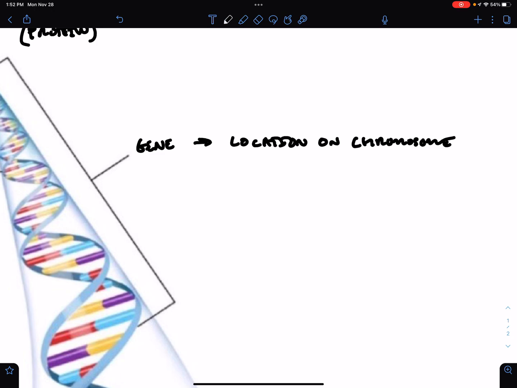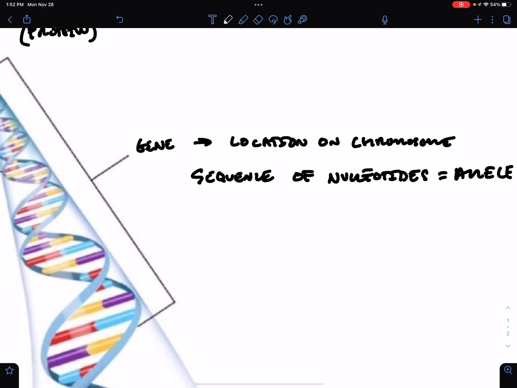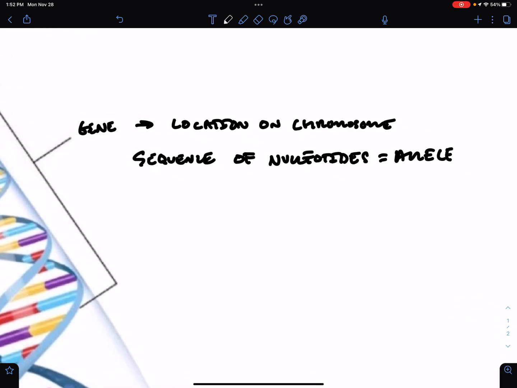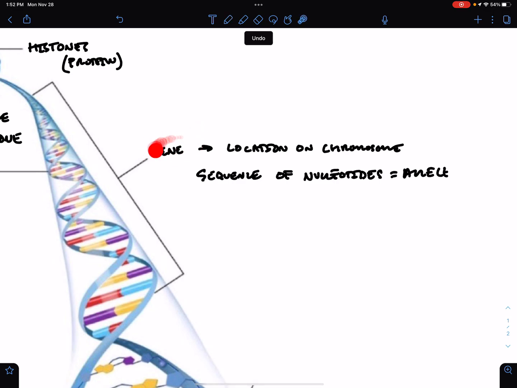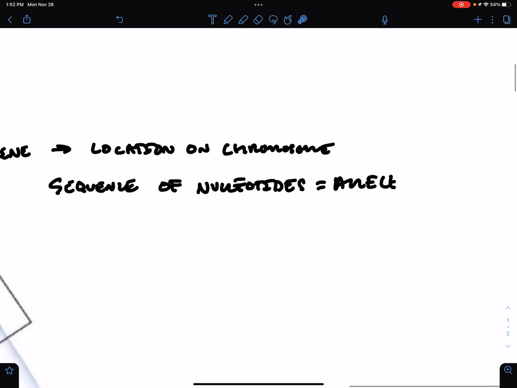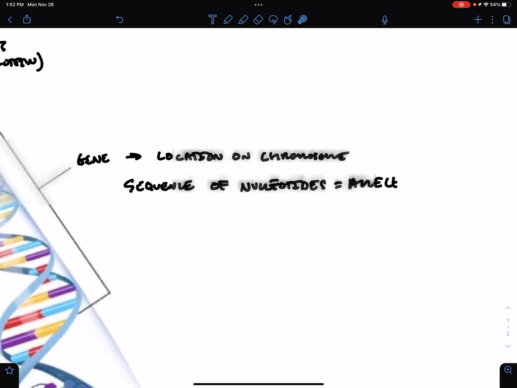And so the sequence of nucleotides at this gene would be the allele. Because we are all humans, we share all the same genes, but what makes us different from one another are the alleles that we have at those genes. Did I spell this right? Allele, A-L-L-E-L.